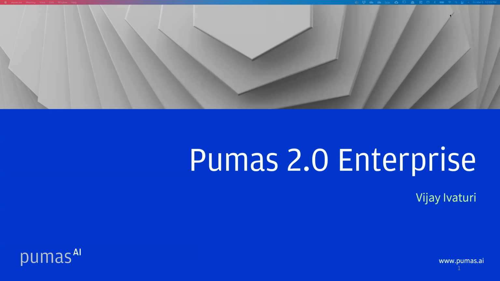Thanks for joining the webinar titled Pumas 2.0 for Integrated, Efficient, and Scalable Pharmacometric Workflows. As the title says, we are going to talk today about Pumas version 2.0. In our earlier webinars, we have explained, presented, and discussed the Pumas software platform, the fastest end-to-end pharmaceutical modeling and simulation platform for quantitative analysis across the drug development lifecycle.